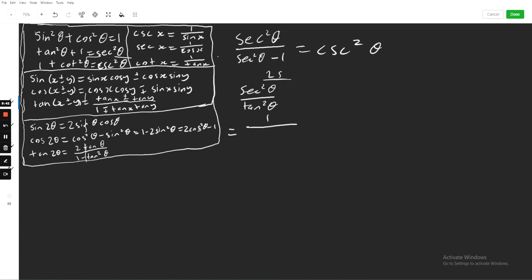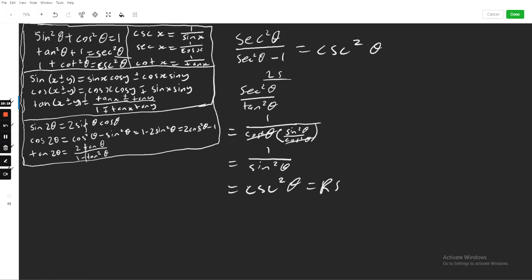So it'll be 1 over cosine squared theta over tangent squared theta, which you can actually convert into sine squared theta over cosine squared theta. You can cancel these out, which equals 1 over sine squared theta, which is equal to, using the reciprocal identity, cosecant squared theta, which equals the right side.